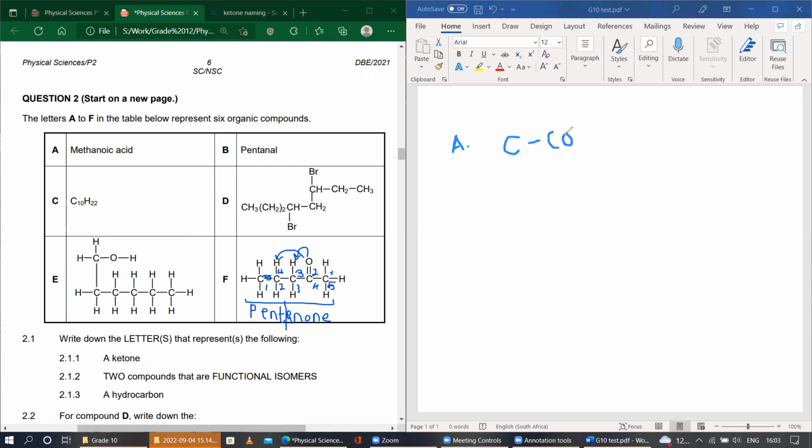COOH. H. So do you understand the formula for carboxylic acid?